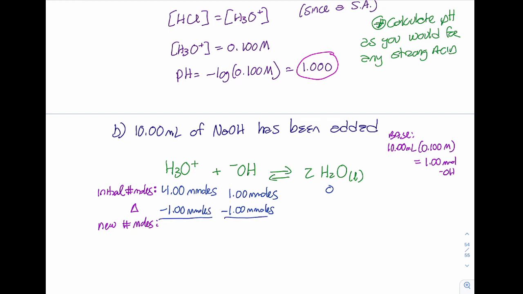And then all of this base has been neutralized, and I have 3.00 millimoles of acid left over. So I have excess acid at this point, which makes sense. I started out with acid. It's before the equivalence point, so moles of base are not equal to acid yet. I have less of it, which means I'm going to have excess acid.